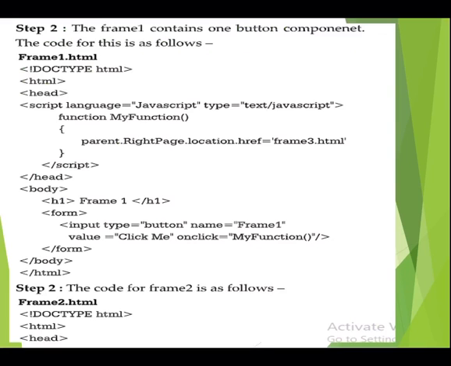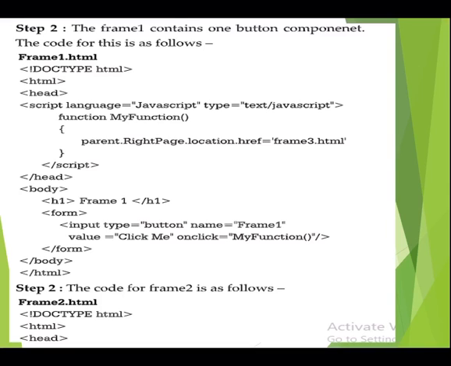So the frame 1 code: doctype HTML tag, then the HTML tag, then the head tag, then the script tag. The function name is myFunction. Inside the function we have written parent.rightpage.location.href is equal to frame3.html.